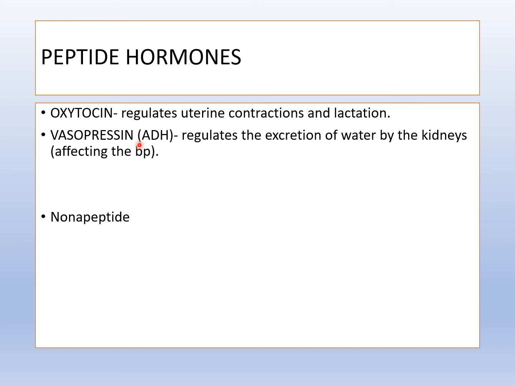For example, if we are dehydrated, the body will increase the level of antidiuretic hormone, which will stop us from urinating, will stop our body from releasing water through the kidneys. So that's why if you are dehydrated, you urinate only a little.